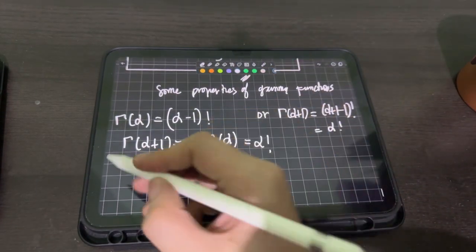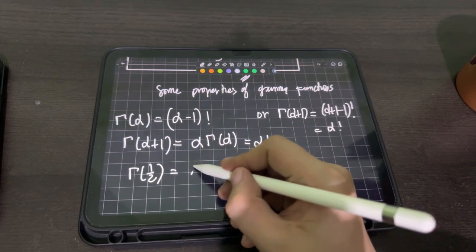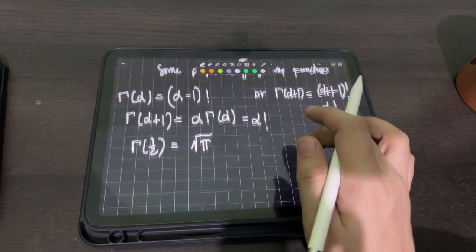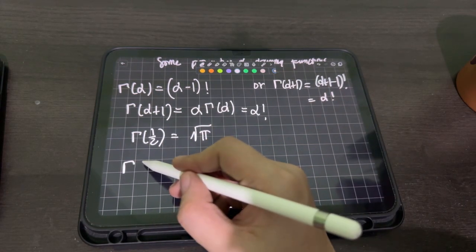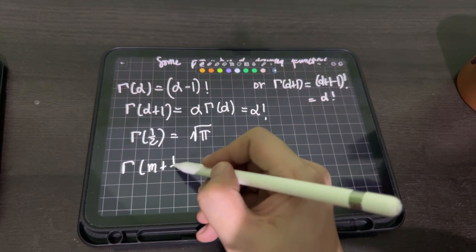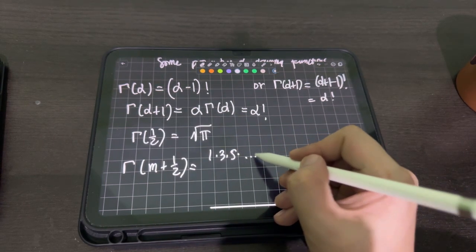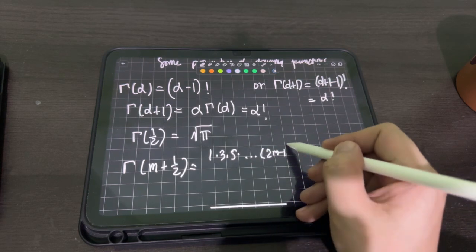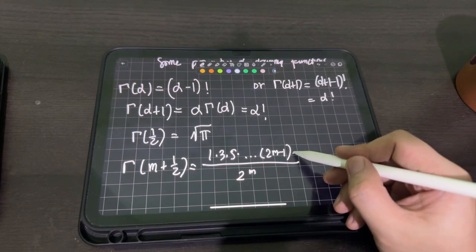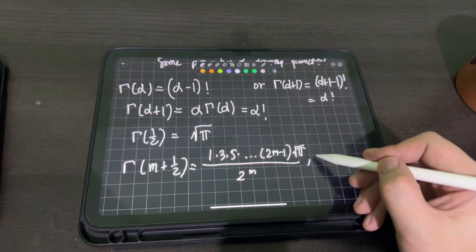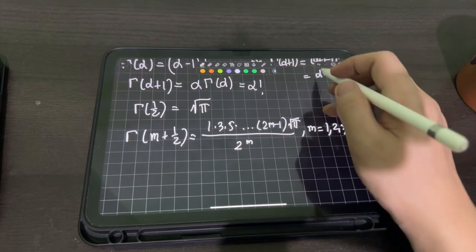So this is also equal to alpha factorial. Also, gamma of 1/2 is always equal to the square root of pi. So this next formula is useful. The gamma of m plus 1/2 is equal to 1 times 3 times 5 dot dot dot until 2m minus 1 over 2 to the m times the square root of pi, where m is integers 1, 2, 3, and so on.